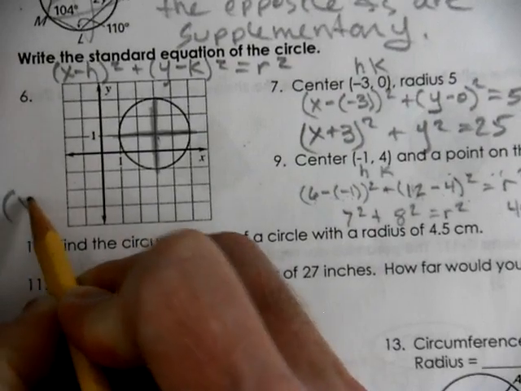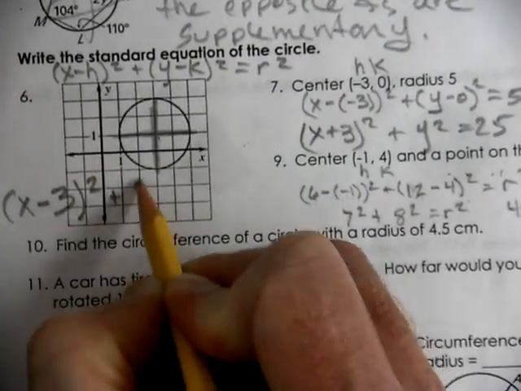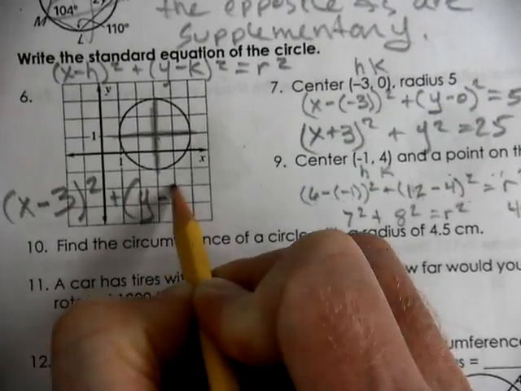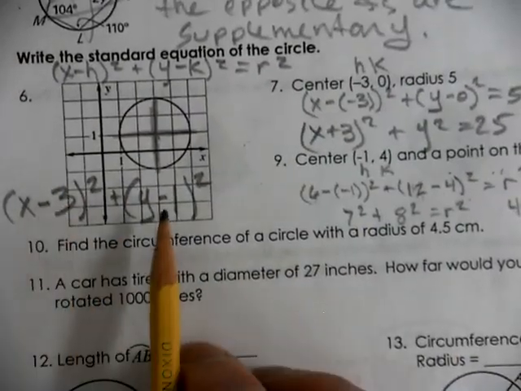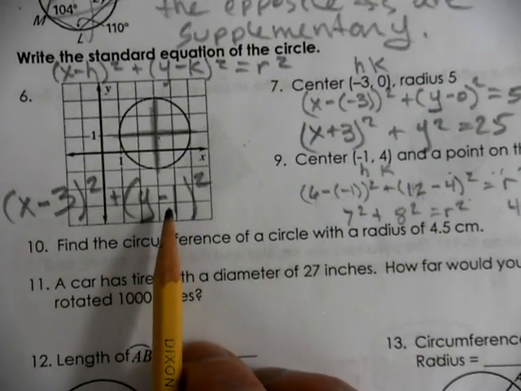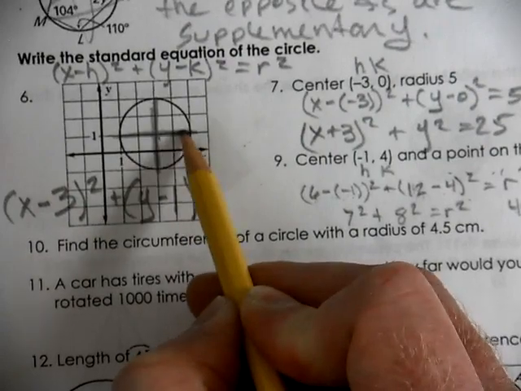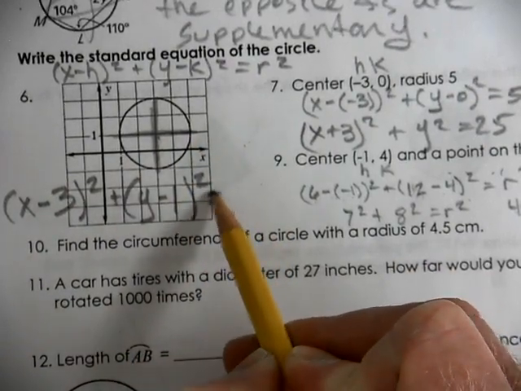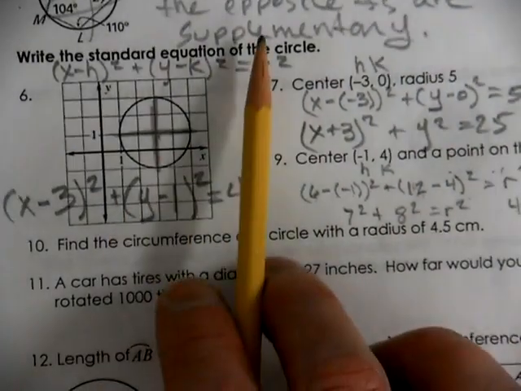So that's going to be (x minus 3) squared plus (y minus 1) squared. That is 3 to the right and 1 up. And our radius is 2. So that's 2 squared, which is 4. Got to square your radius. That's what the formula implies.